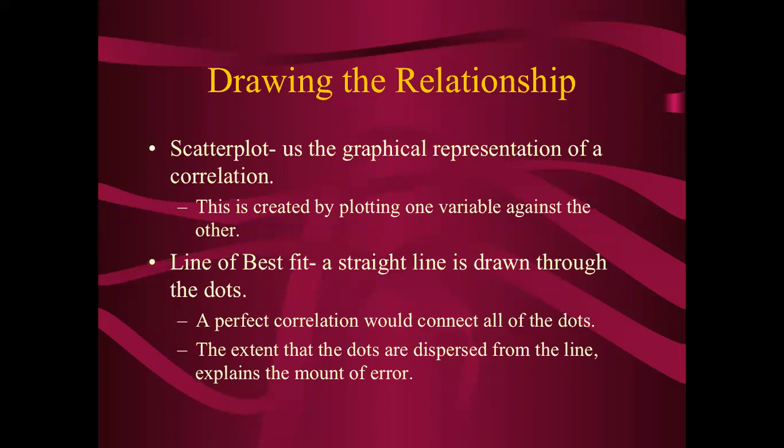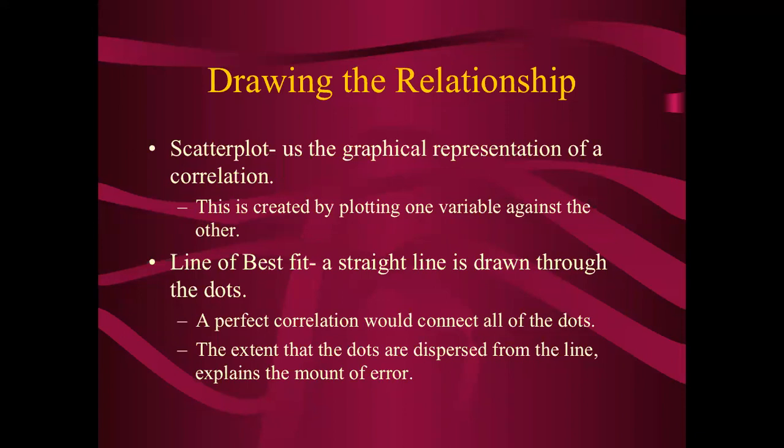As you saw with a perfect correlation, all of the dots are on the single straight line. But the reality is, as the dots spread away from that line, you have a weaker and weaker correlation, right? So you have more and more error in your data set. You couldn't predict as accurately when you have a wider spread of dots, right?